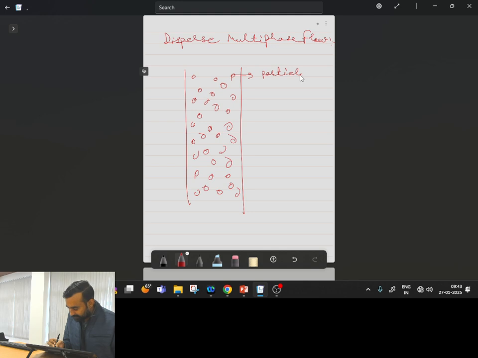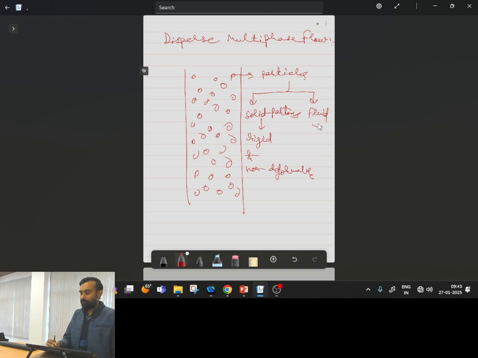Now particles can be of two types: solid particles and fluid particles. Okay. Mostly if solid particles are present in the flow, these will be rigid and non-deformable. Is this point clear?